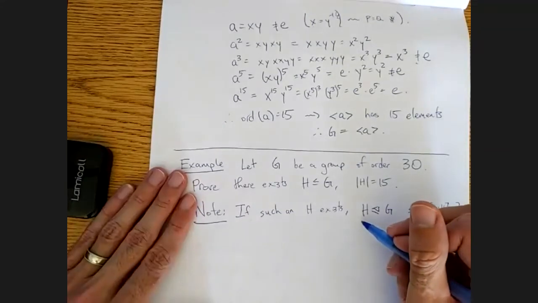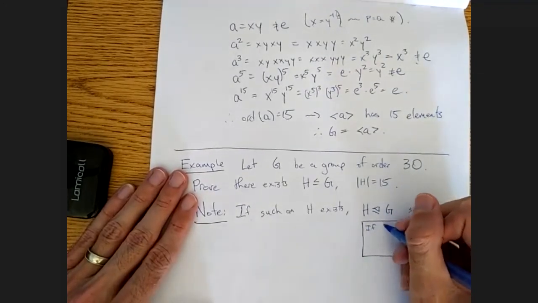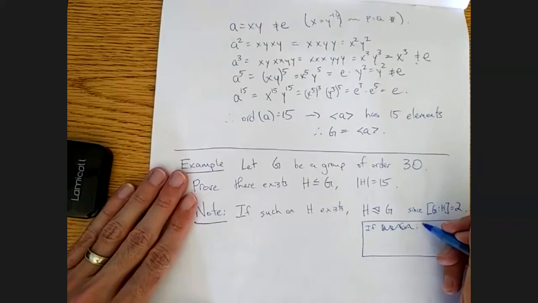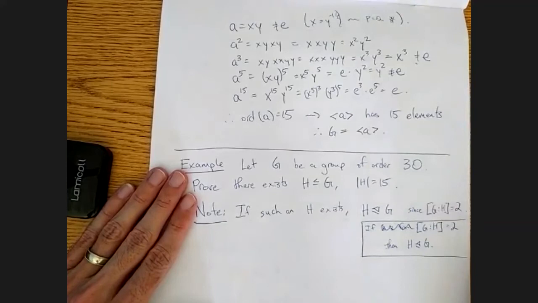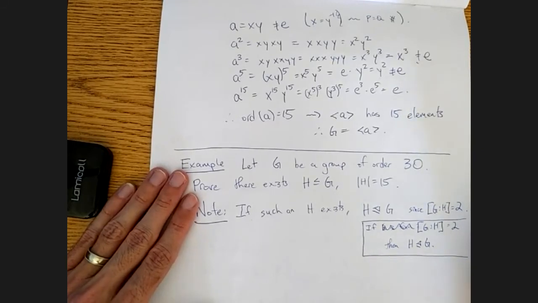Let me just state that as an aside. If G is finite, or even if G is not finite, if the index of a subgroup in G equals 2, then H is normal in G. I would encourage you to try to prove that.